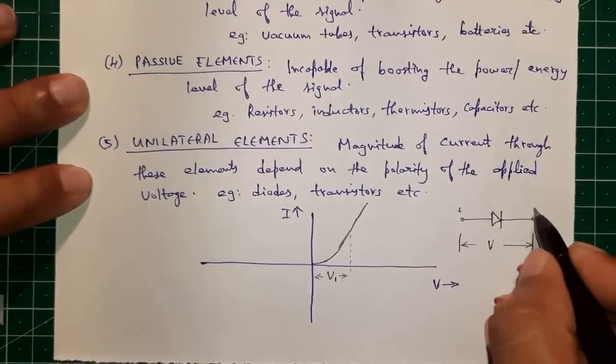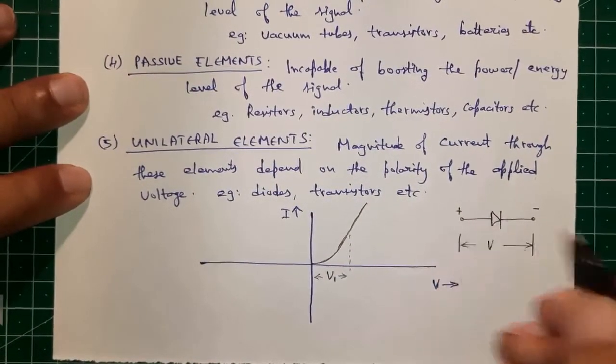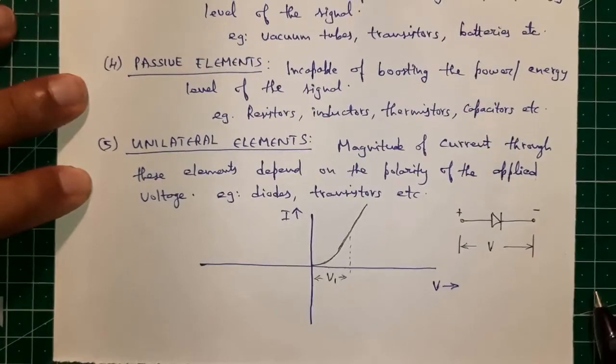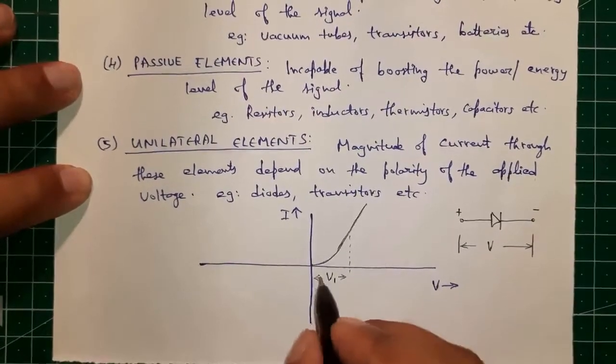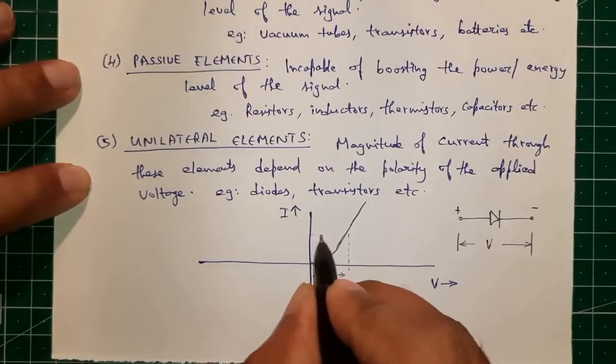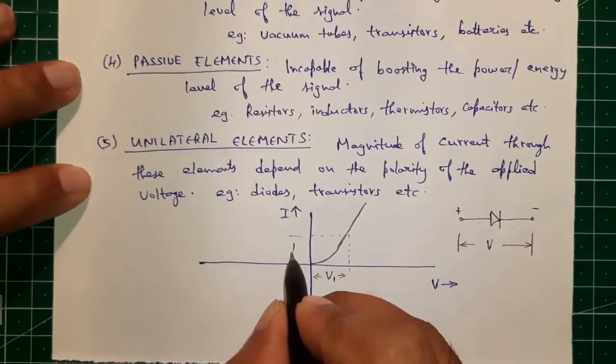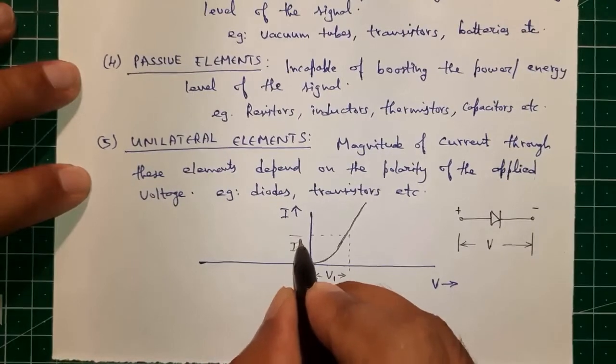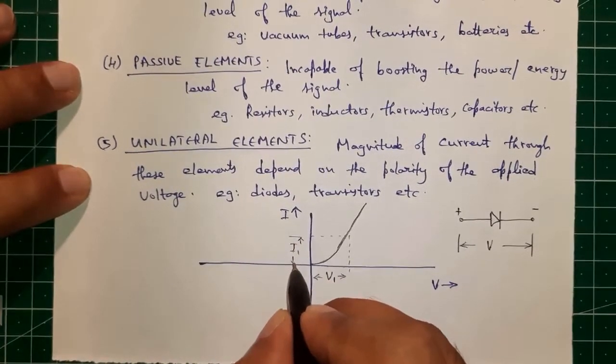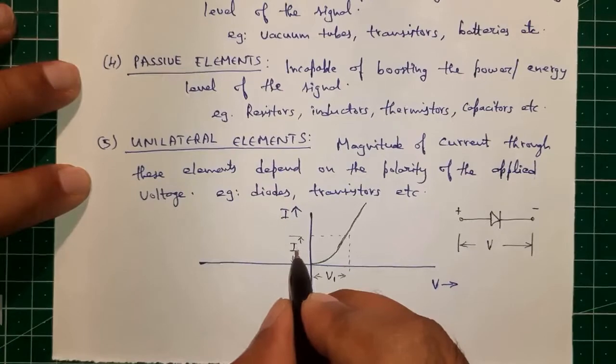This side is positive and this side is negative, that is the plus region. And for this particular voltage I get this current, I1, corresponding to this.